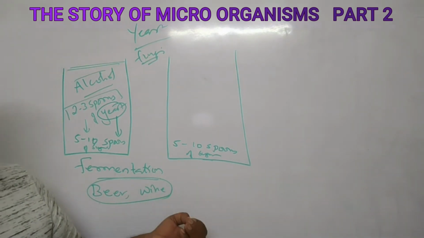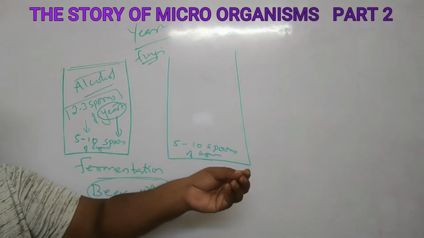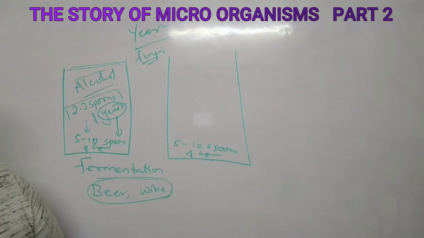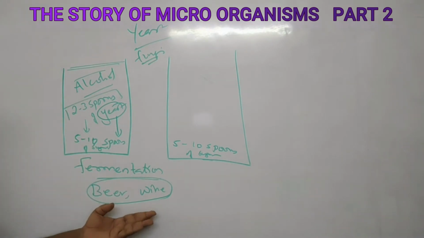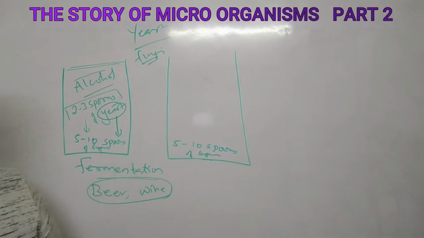So ethyl alcohol is made out of the same fermentation process where you add some yeast to the molasses. By this we can say that microorganisms are really useful to us.